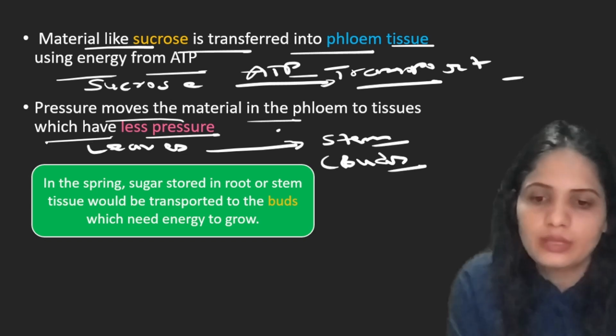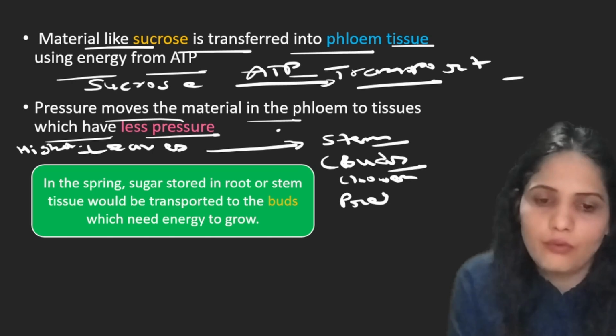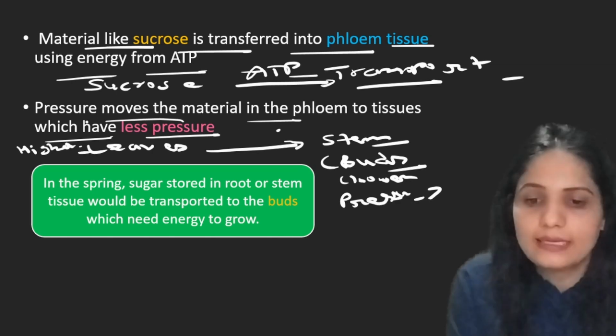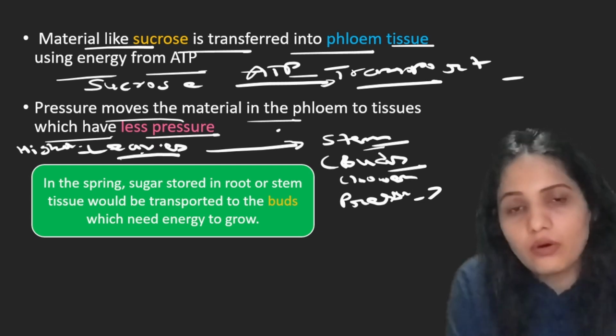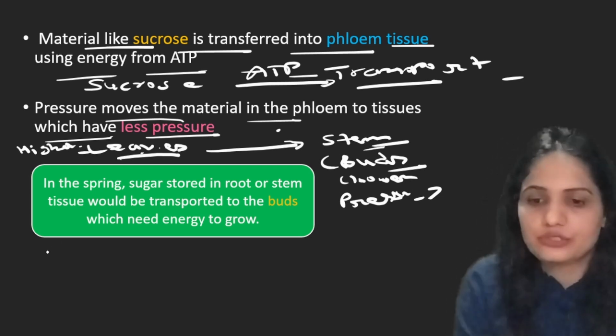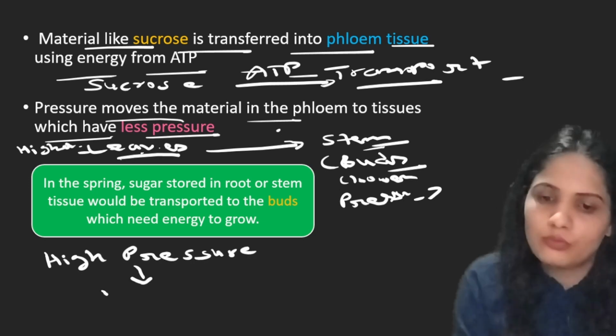So here we have higher pressure, and here we have lower pressure. Then the sucrose will move from leaves to stem, from higher pressure to lower pressure.